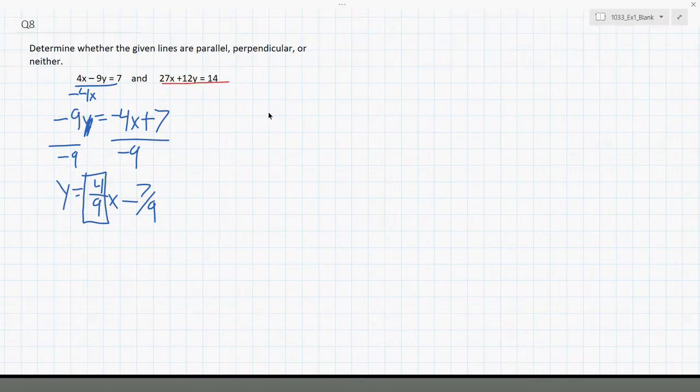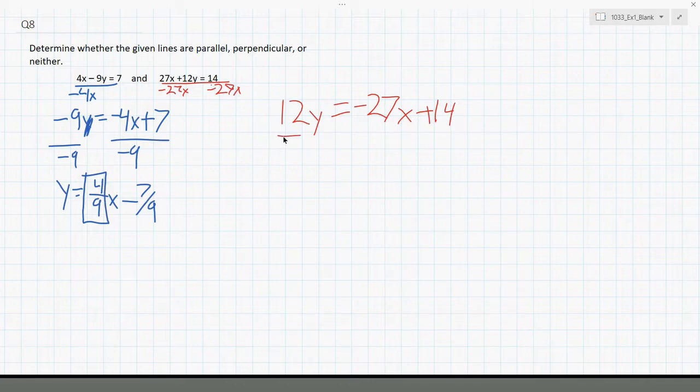So this one's going to be this over here. The first thing we're going to do is subtract 27x from both sides. So we'll get 12y equals negative 27x plus 14. All right? And then from there, we're going to divide both sides by 12.